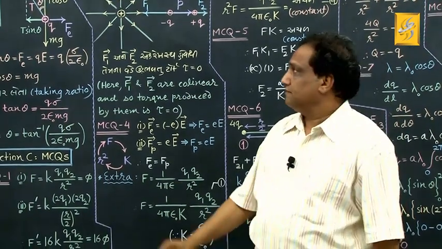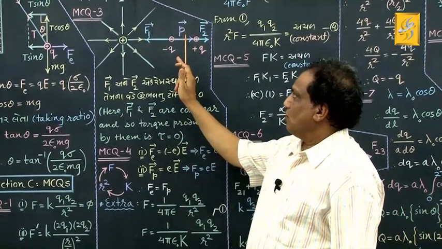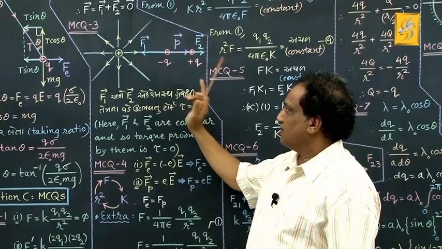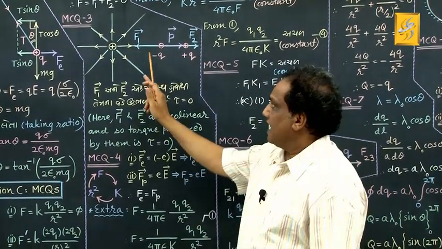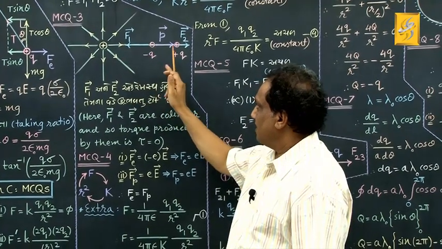Come on now, consider an electric dipole whose dipole moment is in this direction from negative to positive charge, and which is aligned parallel to this electric field line, okay?